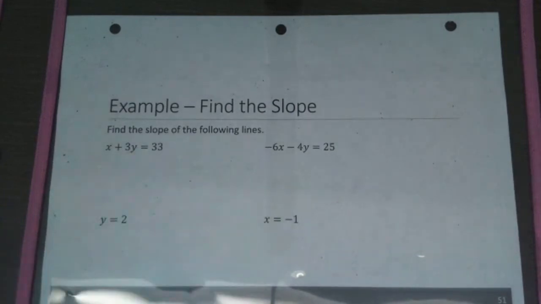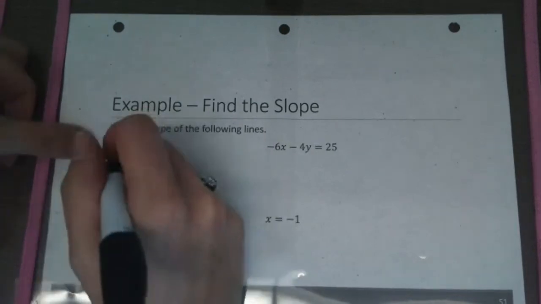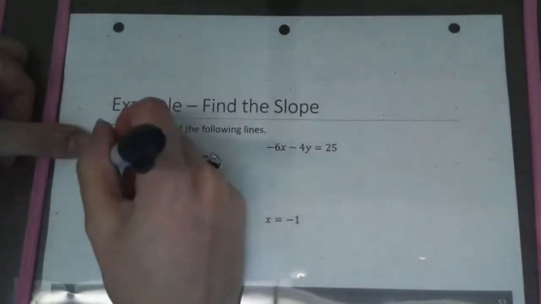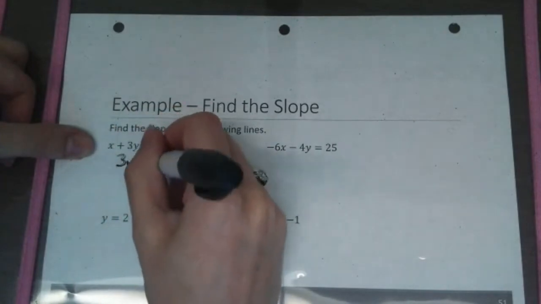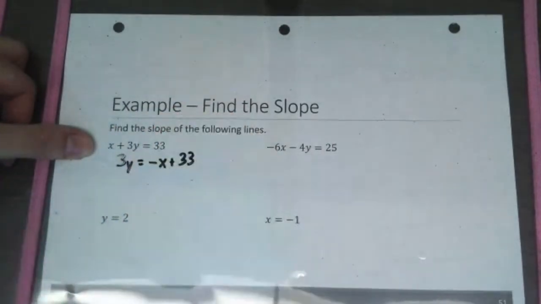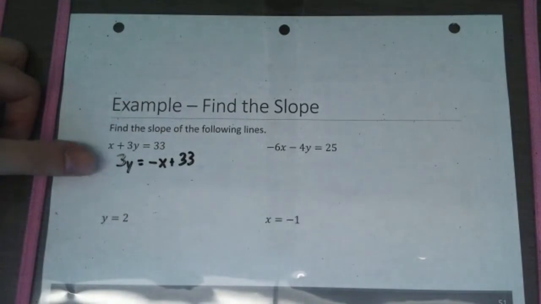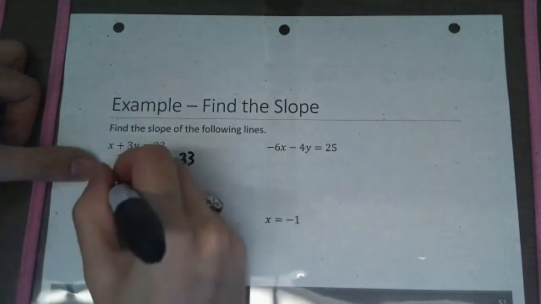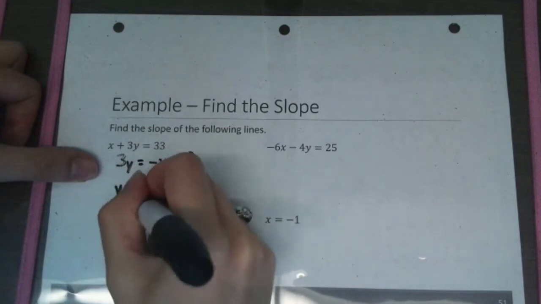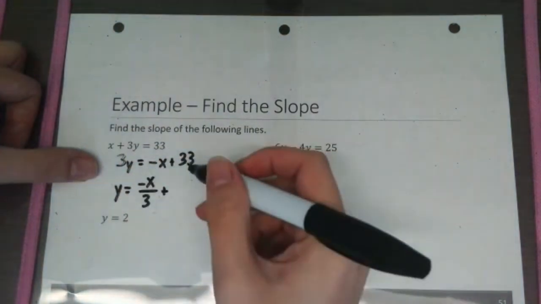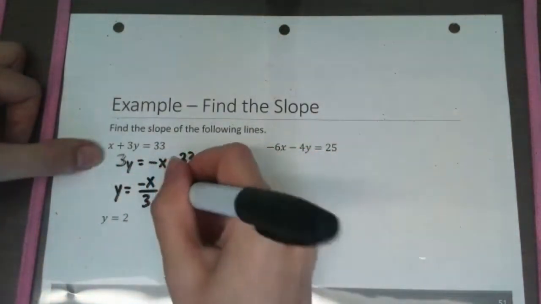In the first equation, x plus 3y equals 33, I'll start by subtracting x from both sides. Then I'll have 3y is equal to negative x plus 33. To get the y completely alone, I'll divide by 3. So y is equal to negative x divided by 3 plus 33 divided by 3, which is 11.